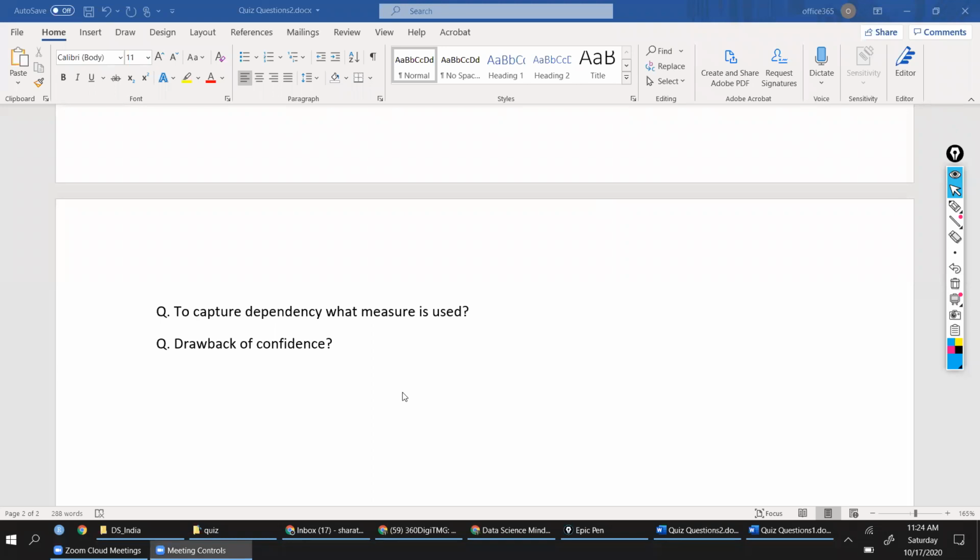Hence, we go with confidence. But the drawback of the confidence is that it is not able to capture the independency between the products. It is only capturing dependency, right? It is not capturing independency.